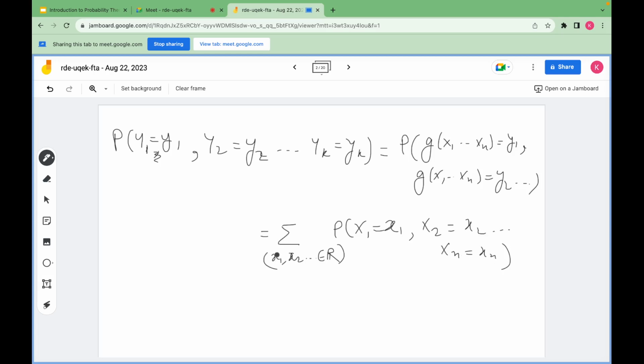This is the summation over all such x's for which g(x1, x2, ..., xn) is equal to y1. So for some particular values of x1, x2, x3, xn, this g function is equal to y1, and we are putting all those values of x.